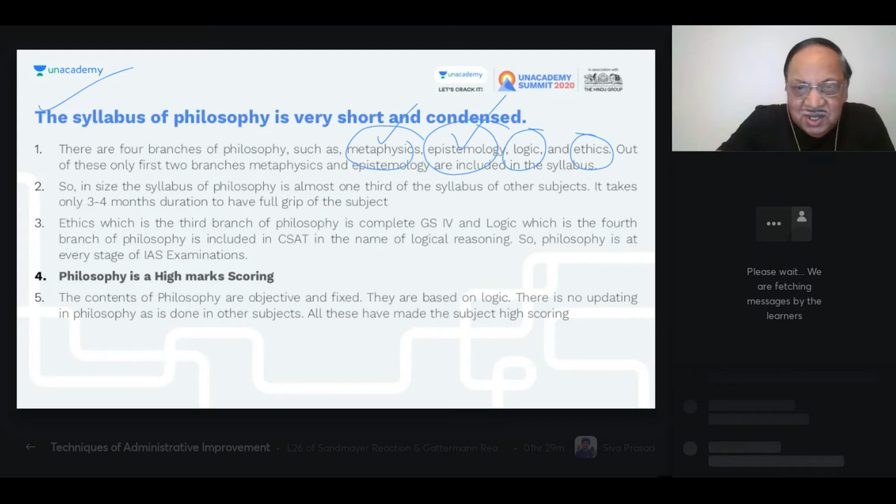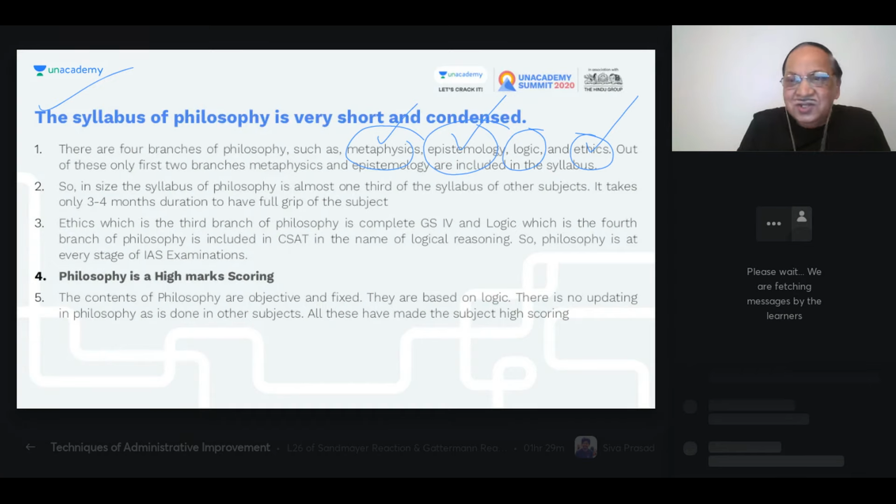Ethics is the branch of philosophy which completes your GS4. See what philosophy is going to give you. So a student who offers philosophy as an optional can have the full grip of GS4 ethics, integrity, and attitude.